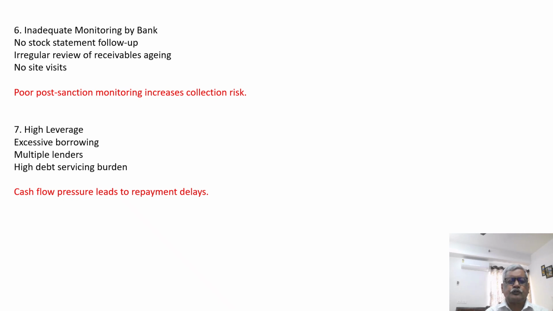No stock statement follow-up. Irregular review of receivables aging. No site visits. Poor post-sanction monitoring increases collection risk. 7. High leverage, excessive borrowing, multiple lenders, high debt servicing burden. Cash flow pressure leads to repayment delays.